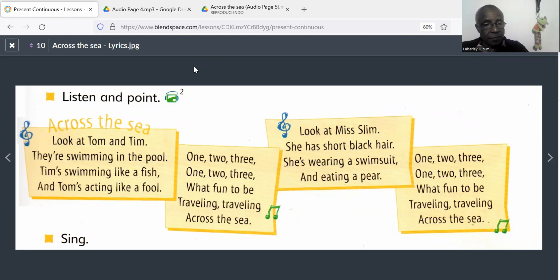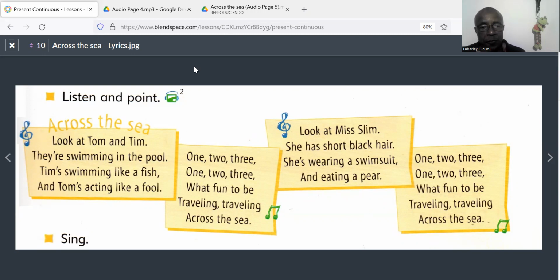Across the sea. Look at Tom and Tim. They're swimming in the pool. Tim's swimming like a fish, and Tom's acting like a fool. 1, 2, 3, 1, 2, 3.